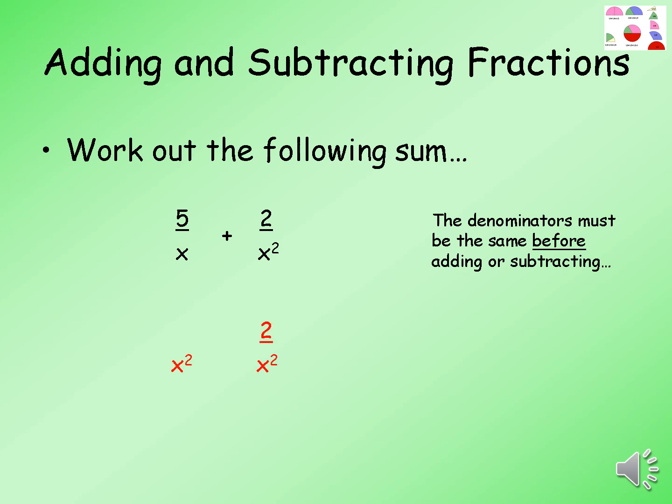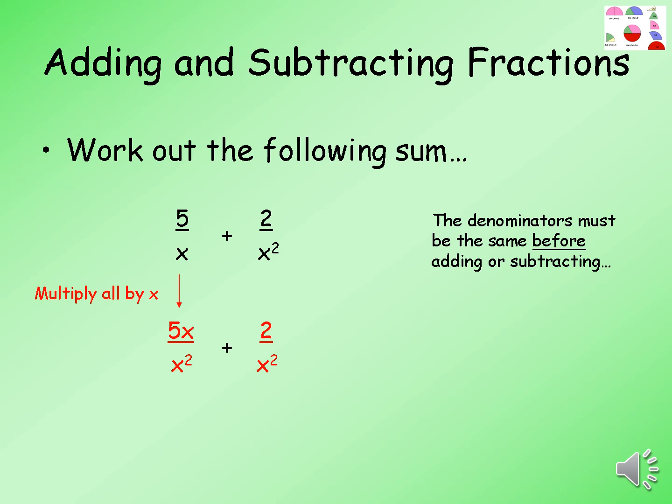On the other side the common denominator is x squared, so the x had to be multiplied by x to get x squared, so the 5 has to be multiplied by x to give us 5x.